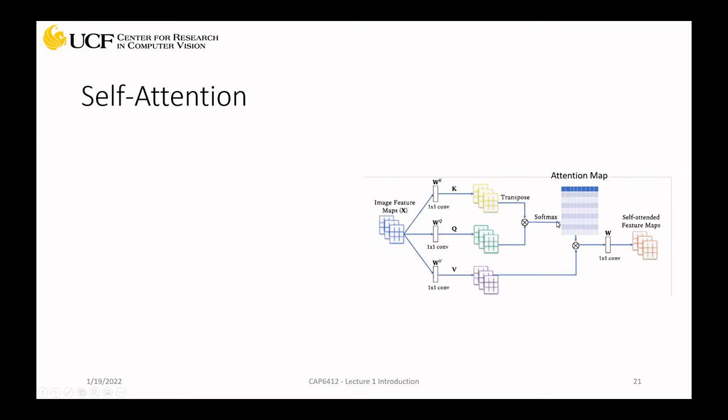We do the softmax, and this gives us an attention map, as I explained before. Then we take the value and multiply with the attention matrix, and we get this back here. So to get the key, query, and value, we are doing a one by one convolution.